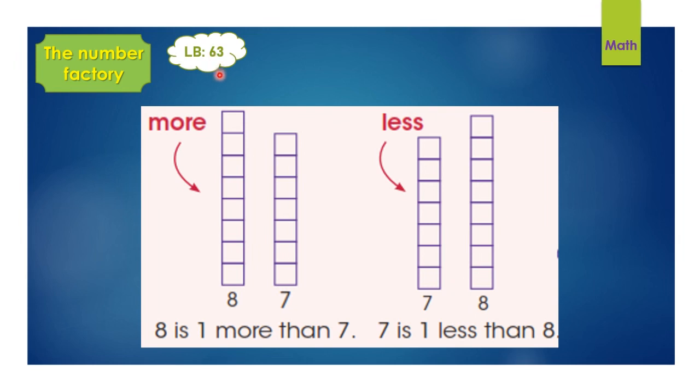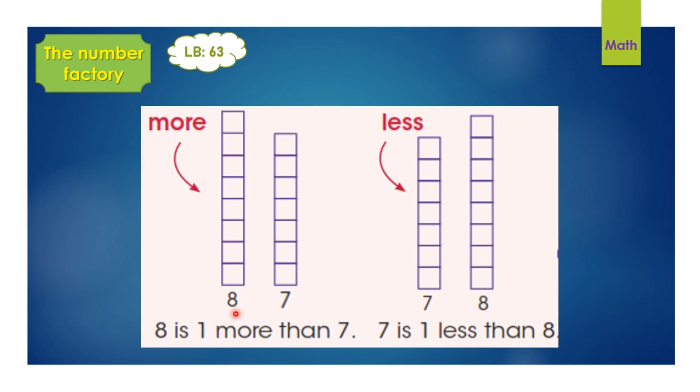Here he wants to use the word more with these two bars. The first bar has 8 squares and the second bar has 7 squares. So he said here 8 is 1 more than 7. It means that 8 is 1 greater than 7, or 8 is greater than 7 with 1 square.